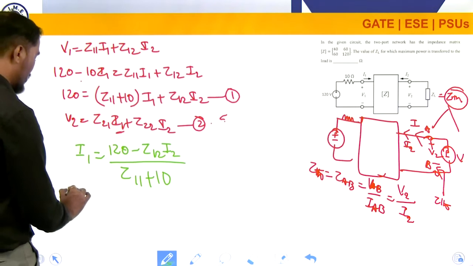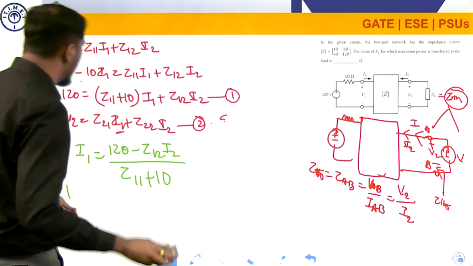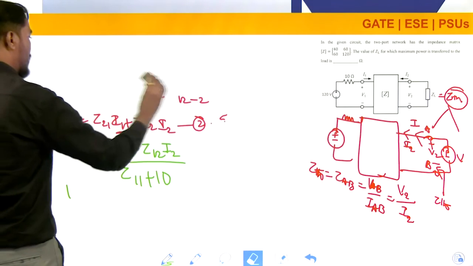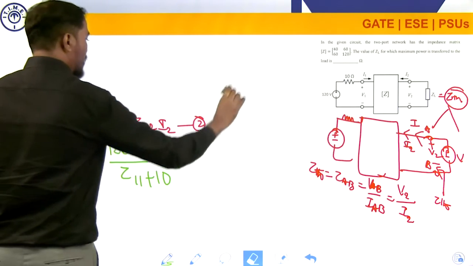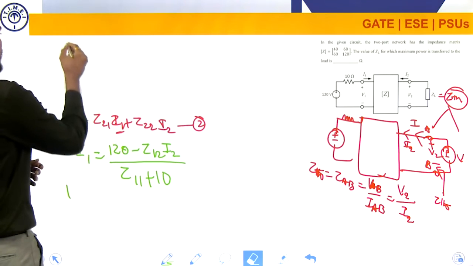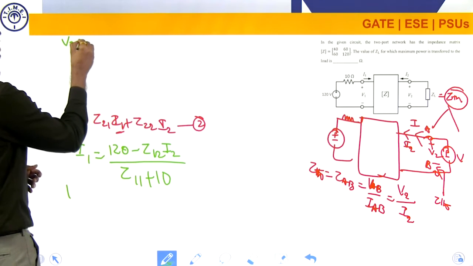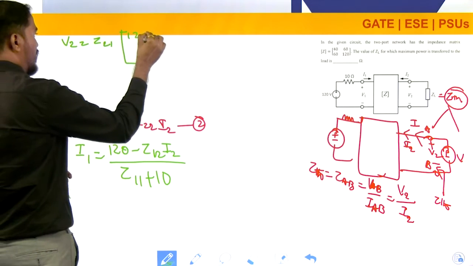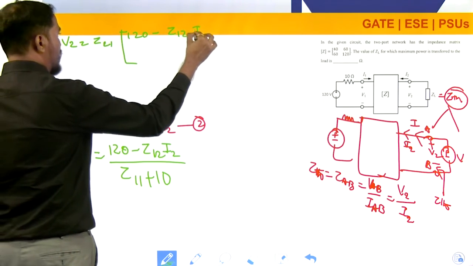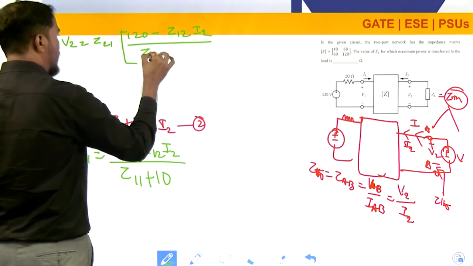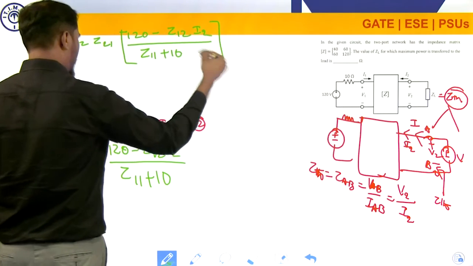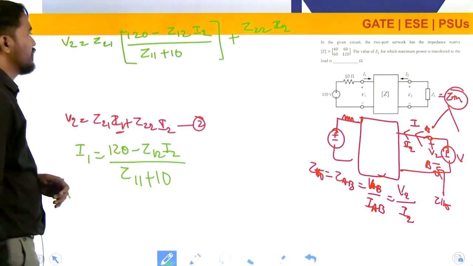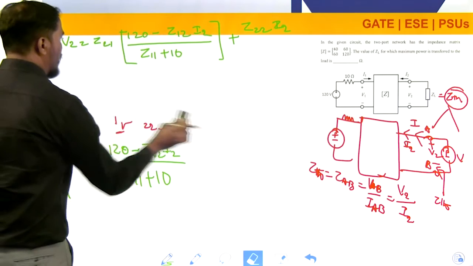Now, please substitute. Let me erase this portion. So your V2 is equal to Z21 into I1. What is I1? 120 minus Z12 I2, whole divided by Z11 plus 10, plus Z22 I2. Alright. Now, let us simplify this.